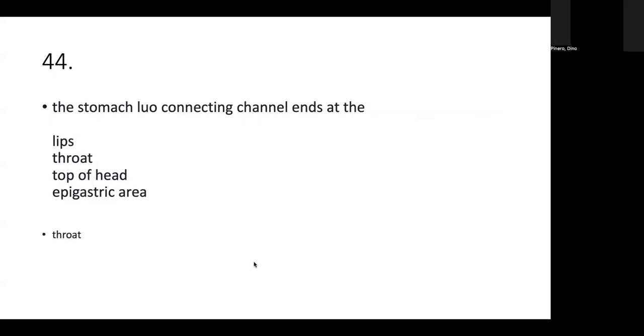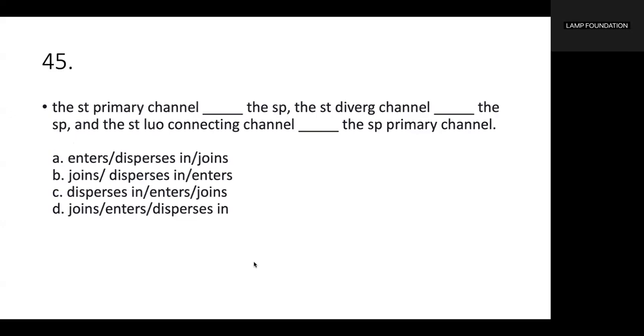At the throat. The stomach primary channel enters the spleen, the stomach divergent channel disperses in the spleen, and the stomach luo connecting channel joins the spleen primary channel. The stomach primary channel enters the spleen, which is why they have a very good relationship.